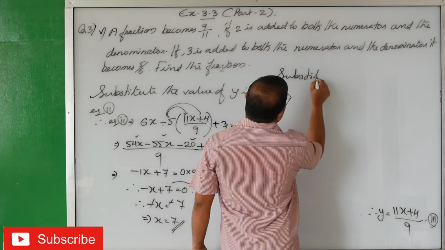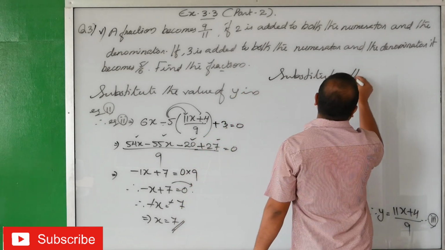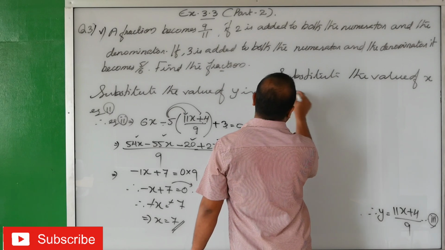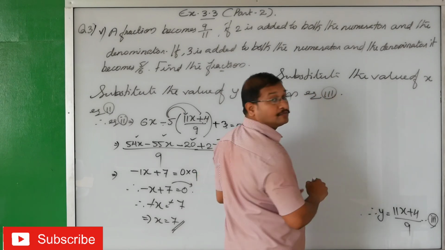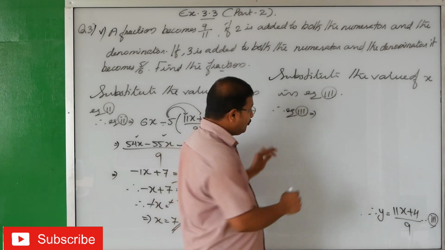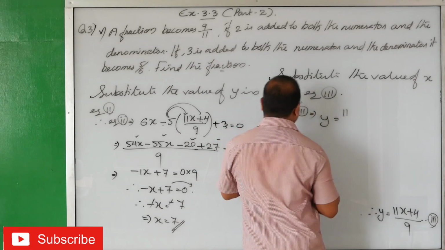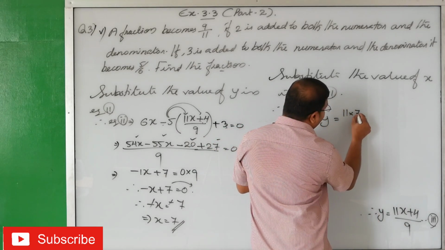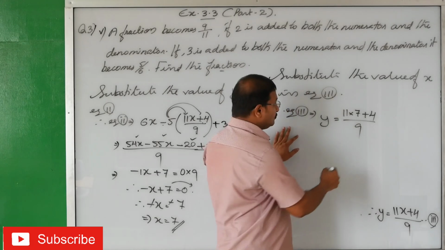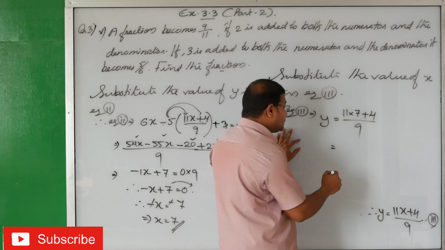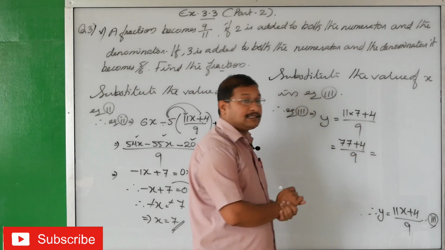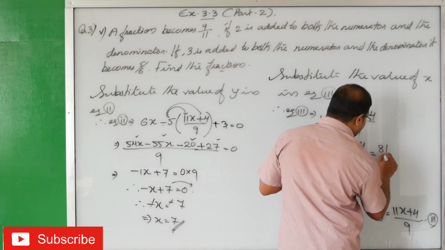Substitute the value of x in equation 3. Therefore equation 3 implies, what is the third equation? y equals (11x plus 4) by 9. In place of x we will write 7. So 11 into 7 plus 4 by 9 equals, 11 7s are 77, 77 plus 4 by 9 equals 77 plus 4, 81, 81 by 9.